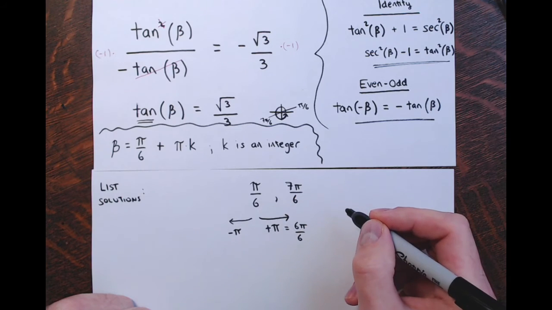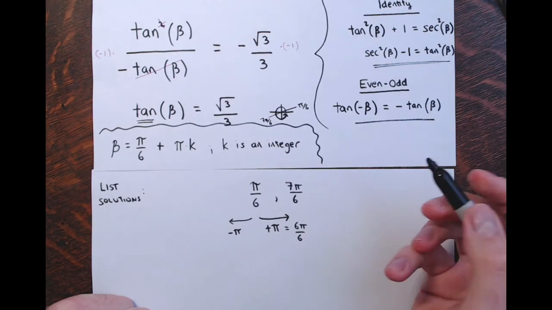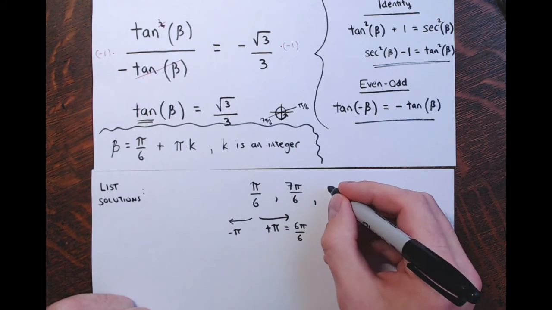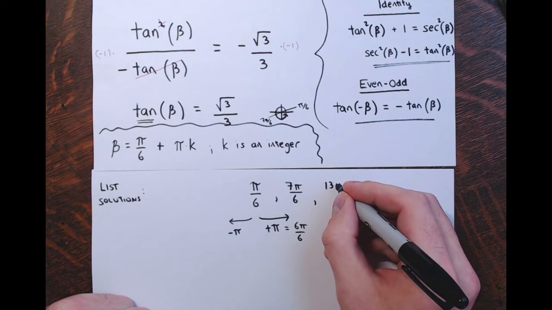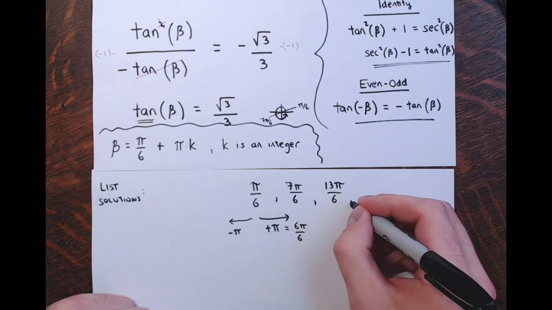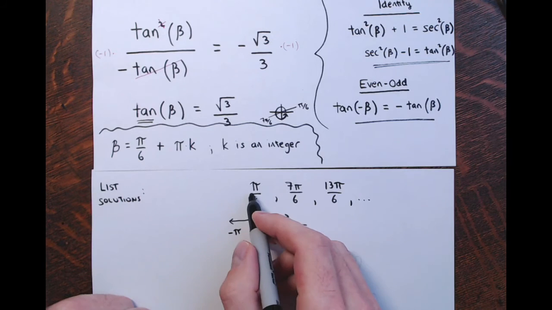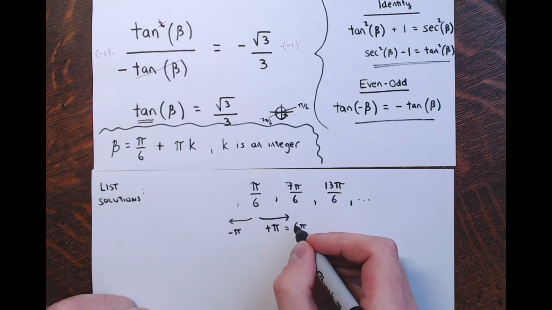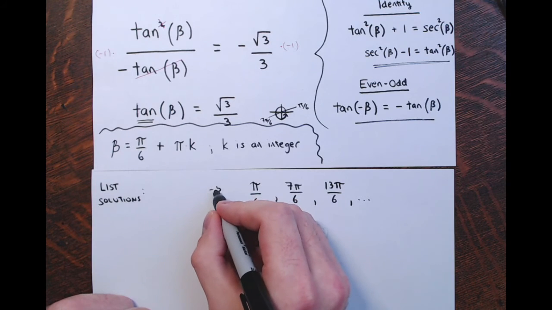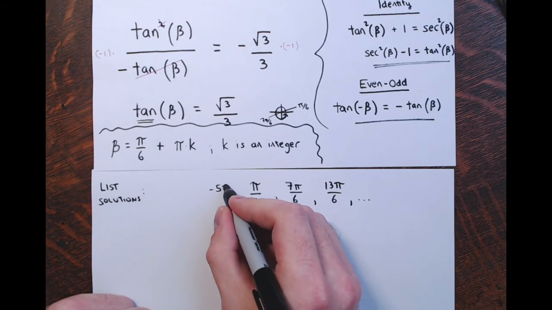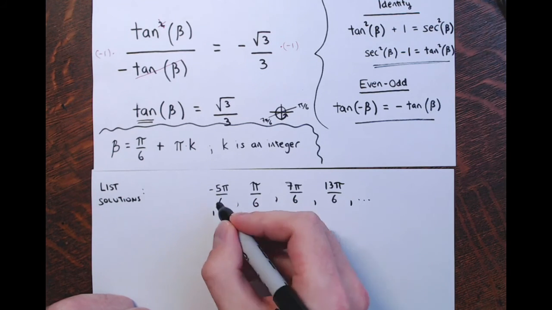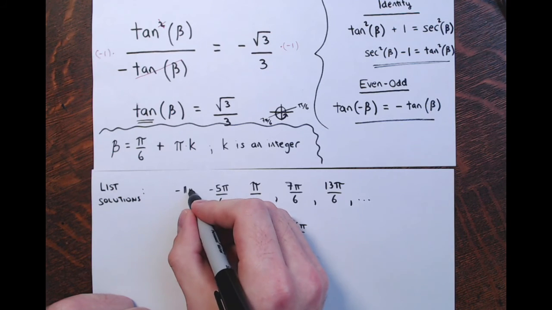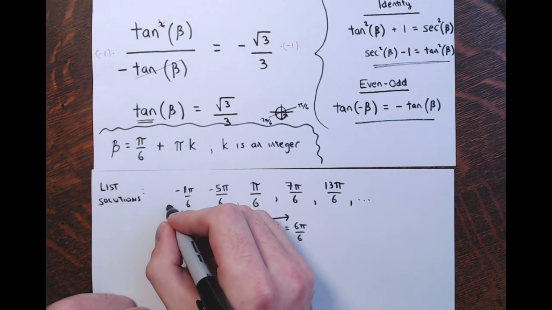That's another solution, as you saw in my drawing here. Keep going, 13 pi over 6 would be another solution, and so on. Or going in the other direction, subtracting 6 pi over 6 from this solution, you get negative 5 pi over 6, negative 11 pi over 6, and so on.